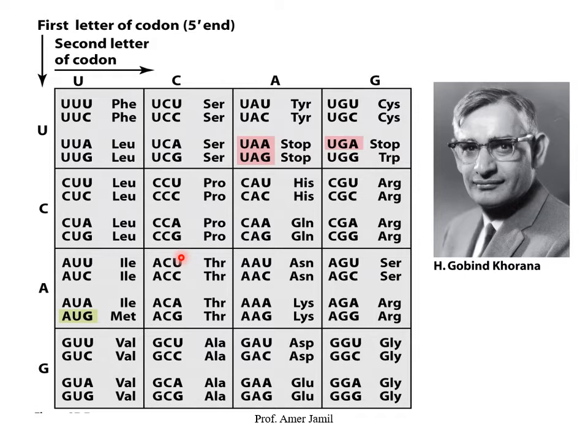The rest have more than one. And methionine has an important position in translation, because almost all protein translation starts with AUG as the initiating codon, and it codes for methionine.